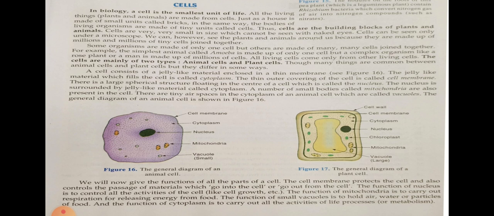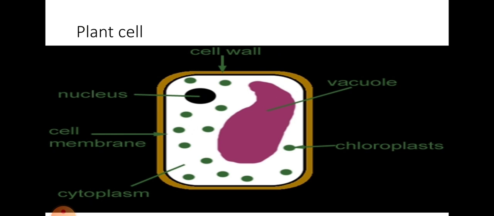You see cytoplasm in the figure of the animal cell or plant cell. The thin outer covering of the cell is called cell membrane. If you want to see clearly, this is the diagram of a plant cell. The outer layer is called cell wall, then cytoplasm, then cell membrane. This outer black layer is called cell membrane.